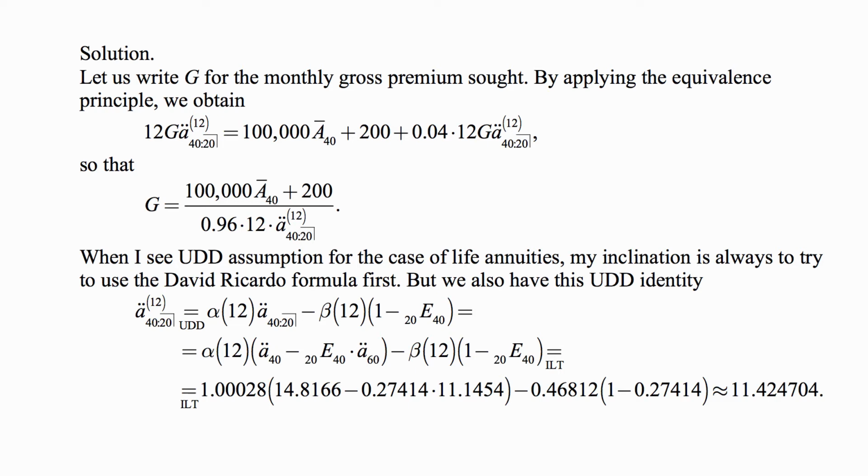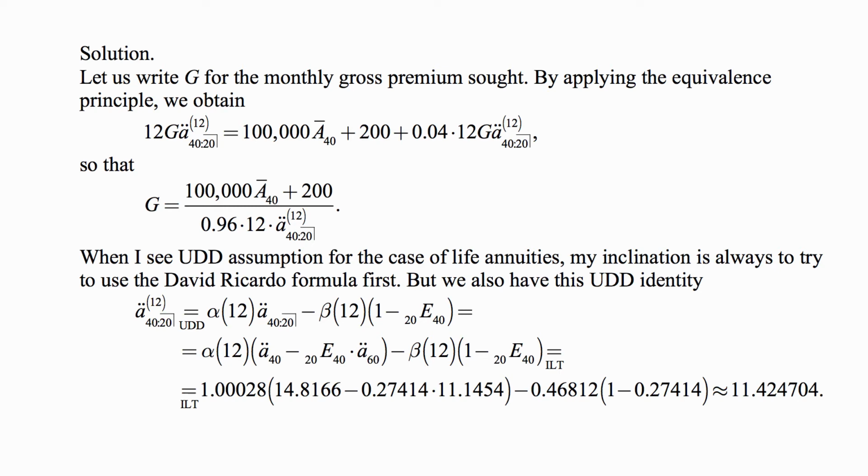When I see the UDD assumption for the case of life annuities, my inclination is always to try to use the Woolhouse formula first. And it's very tempting, but in this case, actually, memorizing the UDD identity for life annuities is much more productive, because we can just write out ä upper 12 of 40 colon angle 20 under UDD as alpha of 12 times ä 40 colon angle 20 minus beta of 12 times 1 minus 20E40.